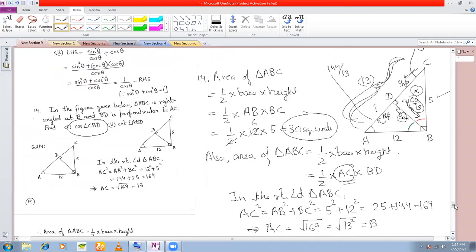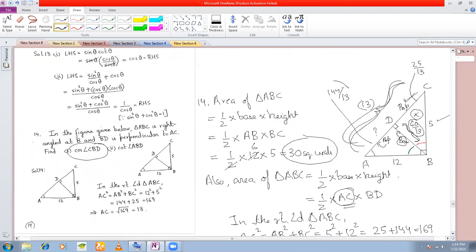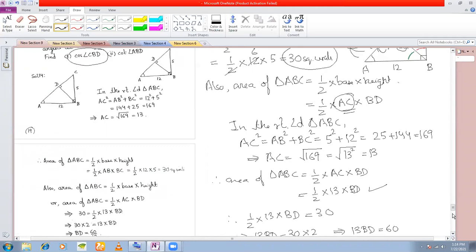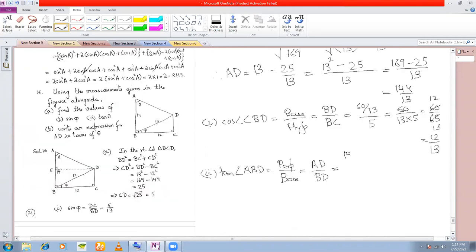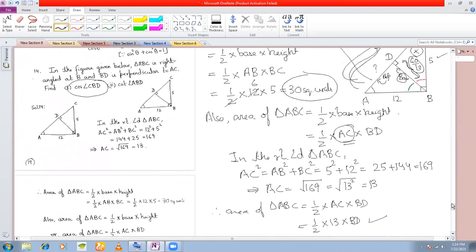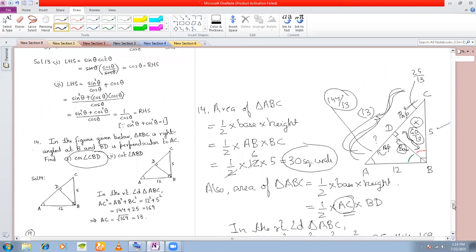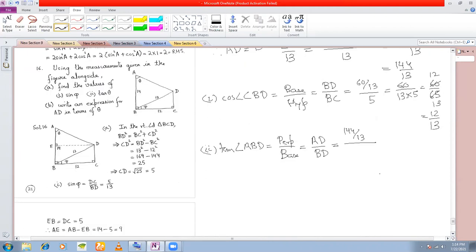Length of AD here is, we have found out AD, right? How much is AD? 144 by 13. And how much is BD? BD length 60 by 13. This cancels. You get 144 by 60. Now will this cancel with anything? 6, I think it will cancel. 2, 4, 10. It will further cancel. You can cancel with 2. So 12 by 5.